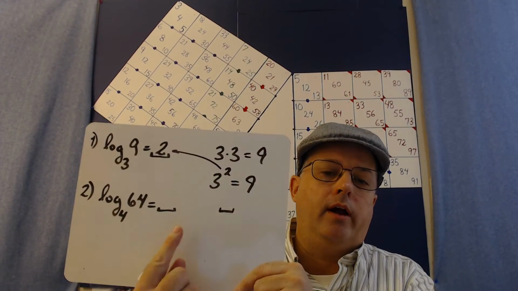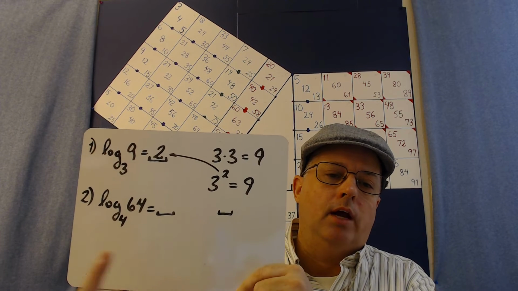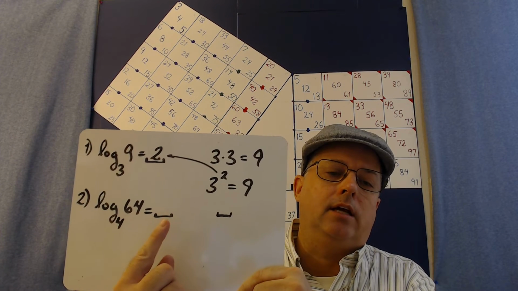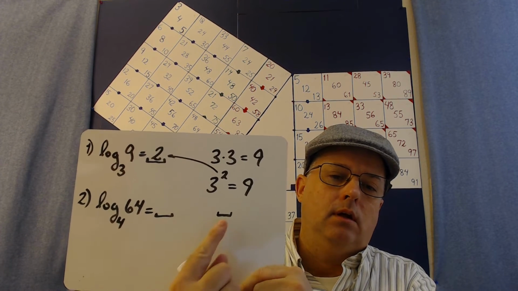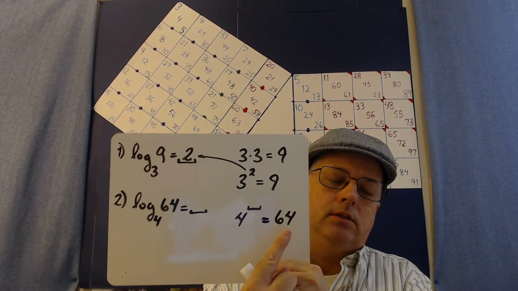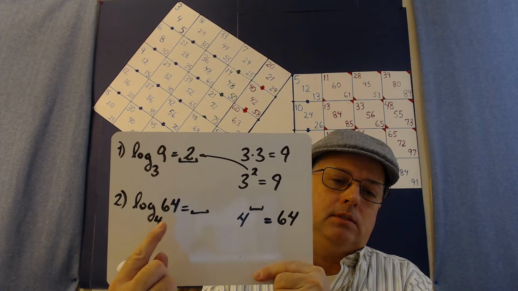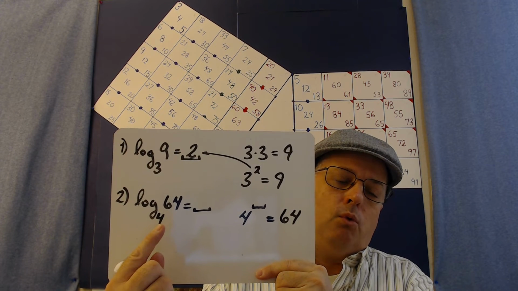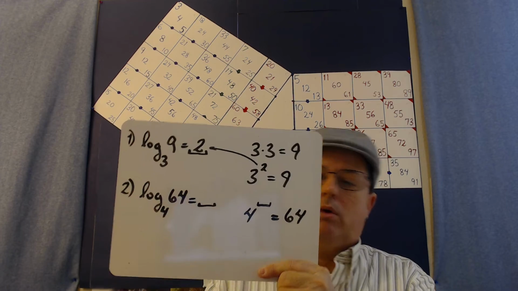See here I have my power, and remember the logarithm is asking what's the power. And so what power of 4 is 64? That's what this statement says. What is the power of 4 that gives us 64?